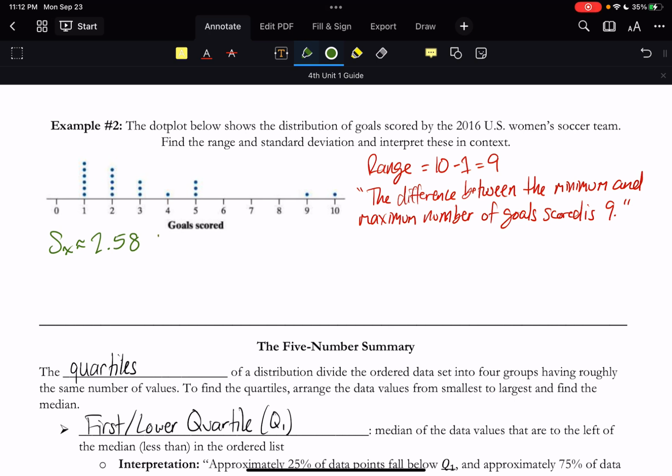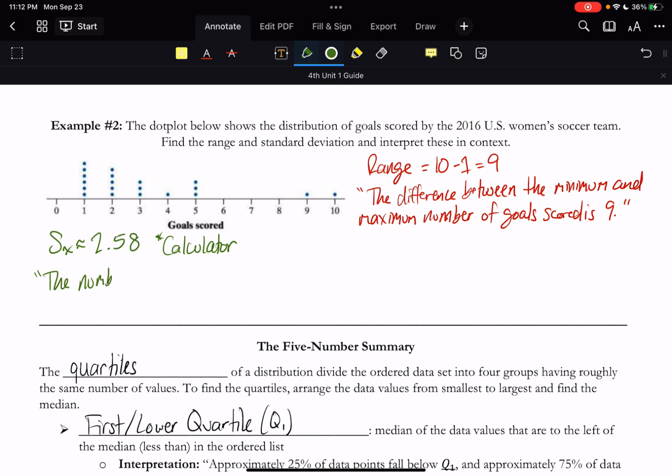Okay, again, I got that from my calculator. And now we're going to interpret what that means. So again, your interpretation, if you flip back a page, the stem is there, so kind of plugging into that.